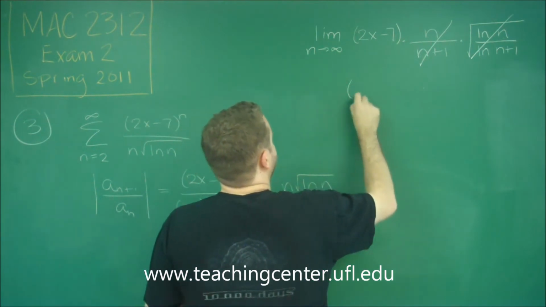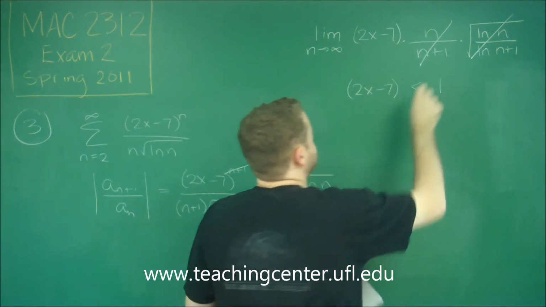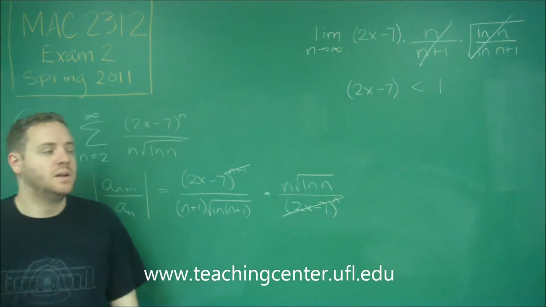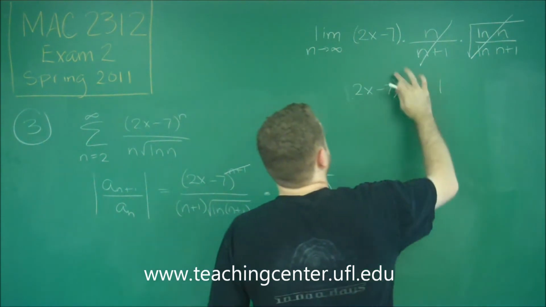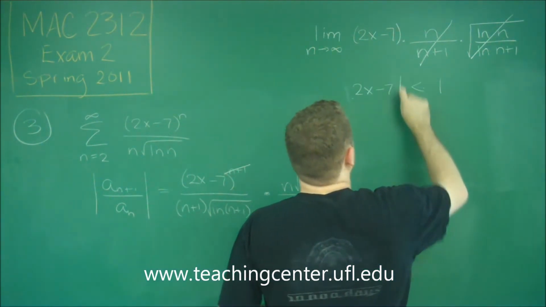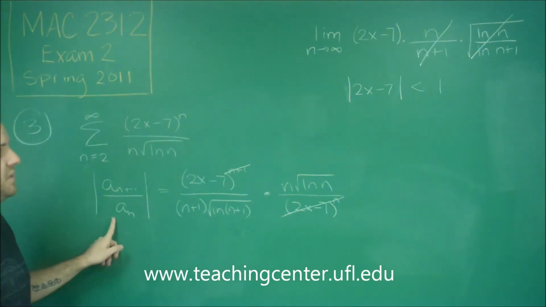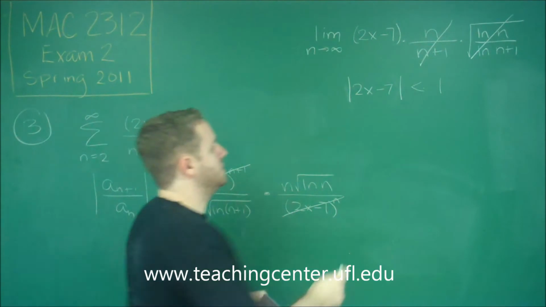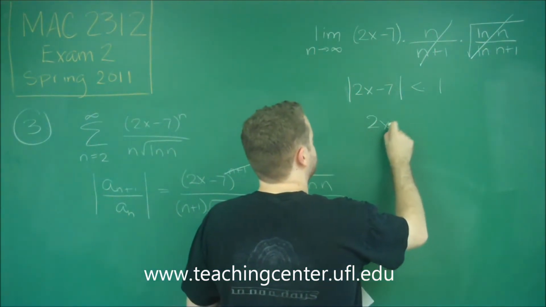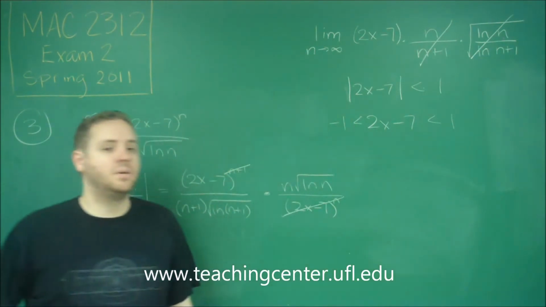So all we have now is 2x minus 7, and if we want that to converge by ratio test, it has to be less than 1. Sorry, the absolute value of it has to be less than 1. The ratio test here is absolute value. So now we just have an absolute value inequality to solve. Remember that this can be written as is in between -1 and 1.